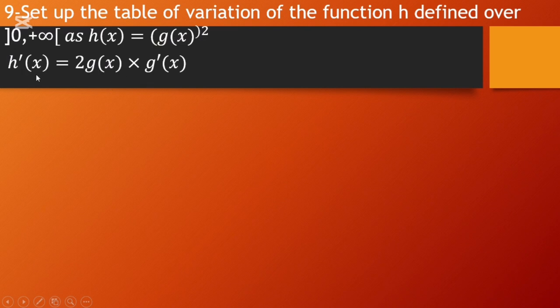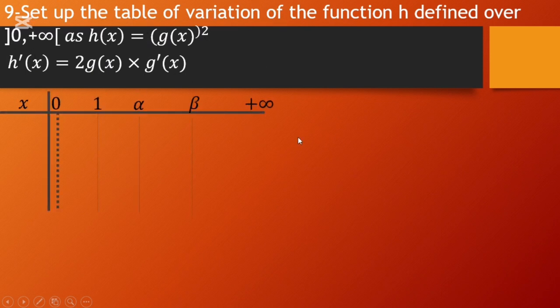H prime of x takes the sign of g of x times g prime of x. This beta is between 1.7 and 1.8 because g of 1.7 is negative, g of 1.8 positive.